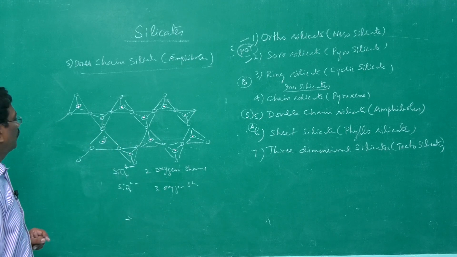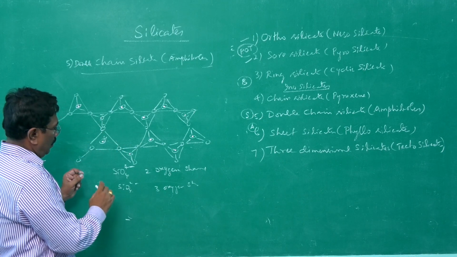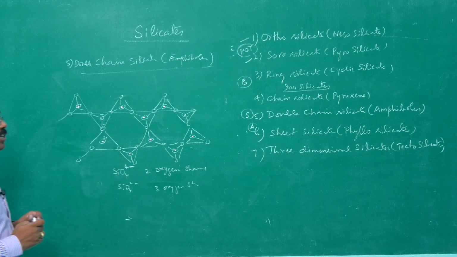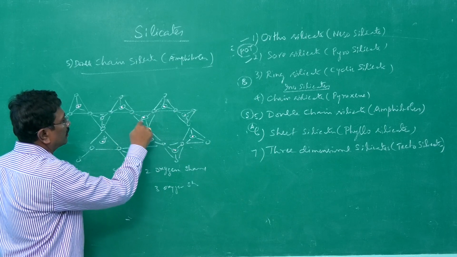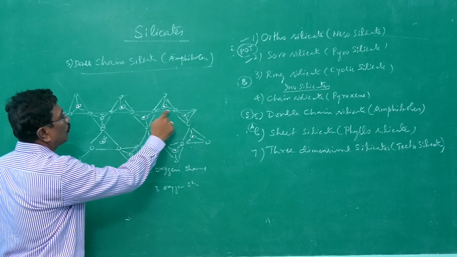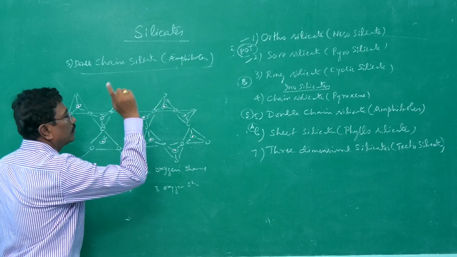Same thing. Now, in what way the molecular formula has to be arrived for this double chain silicate? 2 different kinds we have seen. 3 shared, 2 shared, both categories we have. How? If I look at it, 1, 2, 3, 3 are shared. If you look at it, only 2 are shared, 2 are not shared.